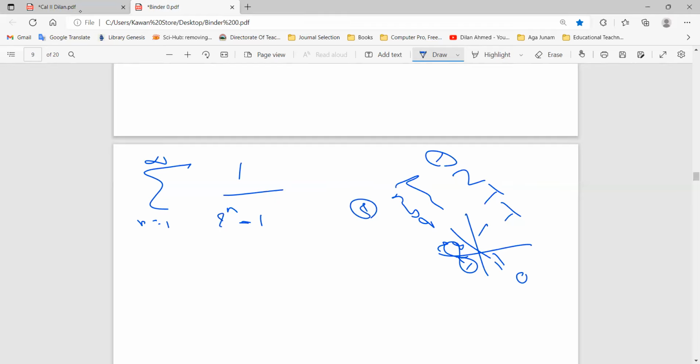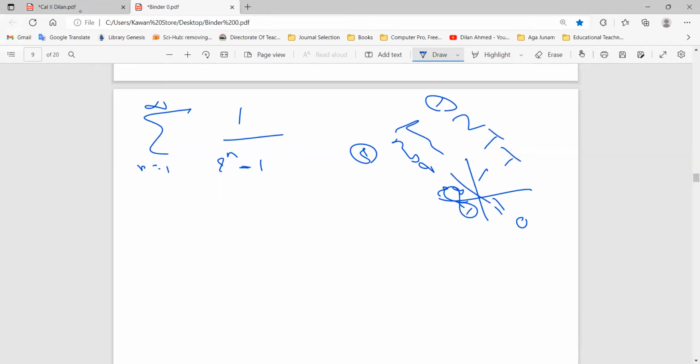Second, geometric series. Okay, is this a geometric series? Why not? The minus 1 makes it something else, right? If we erase the minus 1, you get a geometric series.